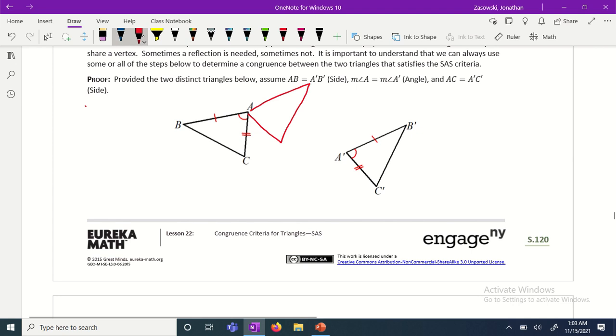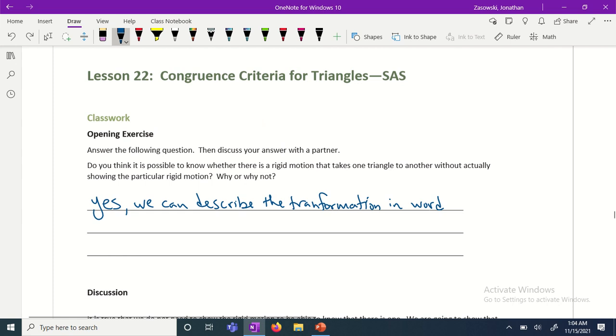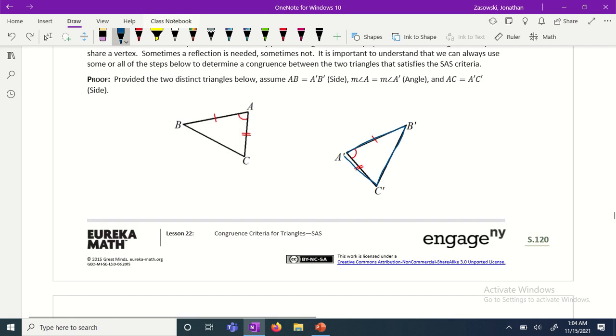So if that was our triangle in red, now our triangle is going to look something like this. And then we just have to flip this over that side, and now they'll be mapped onto each other. We're going to describe those moves on the next few pages.